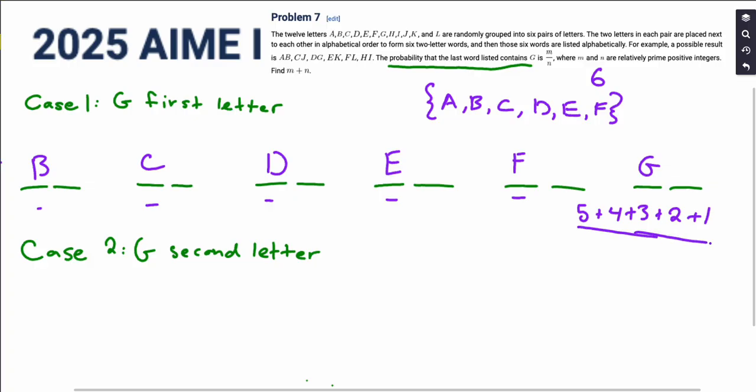So there are 5 plus 4 plus 3 plus 2 plus 1 equals 15 different ways that we can arrange the first letters of each word, considering that G is the first letter of the last word.